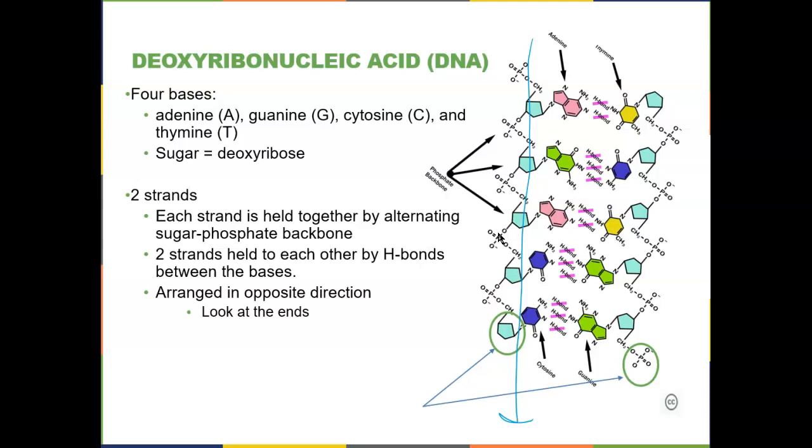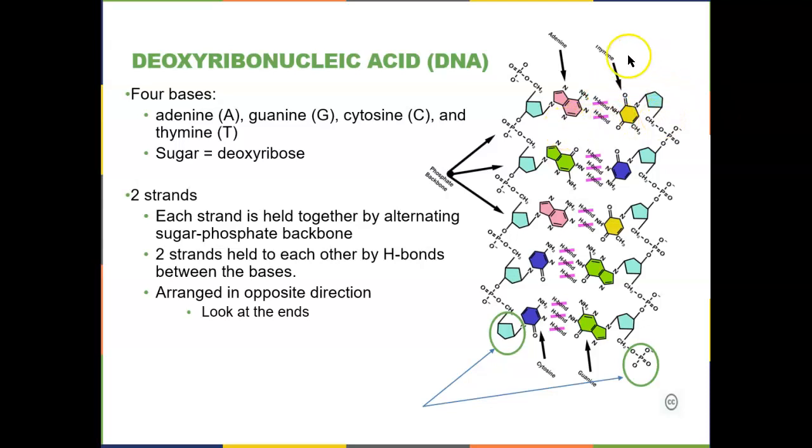And then over here you have sugar, phosphate, sugar, phosphate, sugar, phosphate. So this is another strand here. And then the 2 strands are held together in the middle by these hydrogen bonds. So the different nitrogenous bases hydrogen bond with one another and hold the 2 strands together.